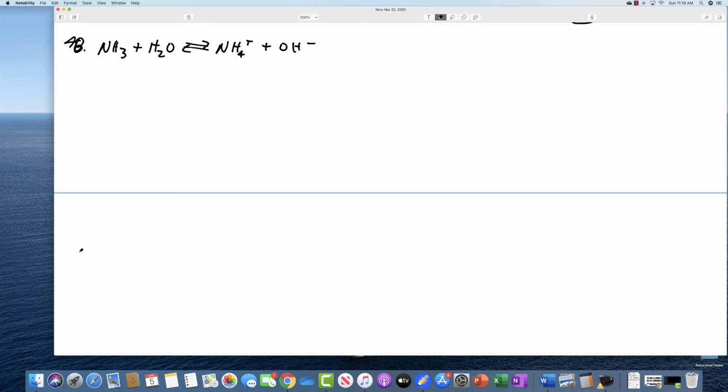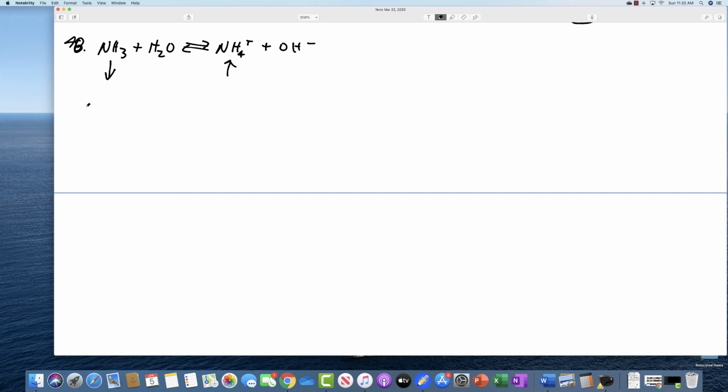Which of the following, if added, will increase the percentage of NH3 that's converted? So which of the following added will decrease this and increase this?